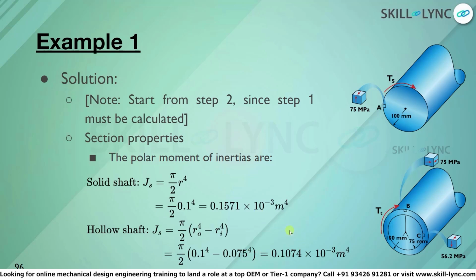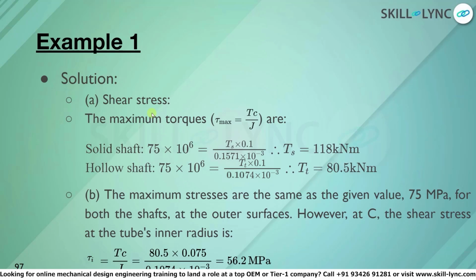With that, we move on to the first problem, which is calculating the maximum torque. The formula for shear stress is tau max equals Tc by J. Here, we need to find the maximum torque for the solid shaft and the maximum torque for the hollow shaft. T_s is given as the torque for the solid shaft. From the formula, tau max is 75 into 10 to the power 6, which is 75 megapascal.